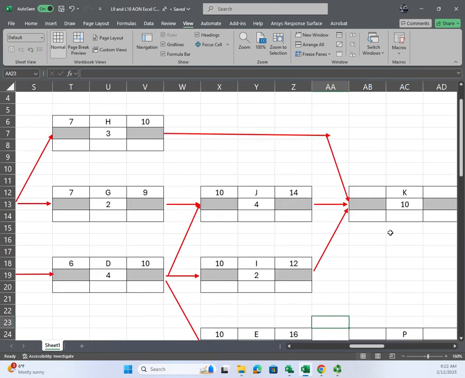So K, now we can choose an early start for K. Jackson, got a number? For K. You got a choice between 10, 14, or 12. Take a whopping guess at 14. Anybody disagree with his wild guess?